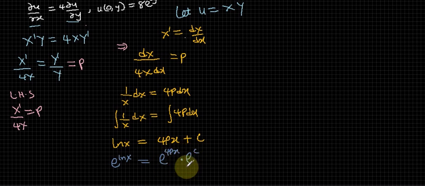Now the exponential of ln X is X, so X is equal to, and since exponential of c is a constant, let's change it to another constant a, a exponential 4px. Let's call this our answer 1.